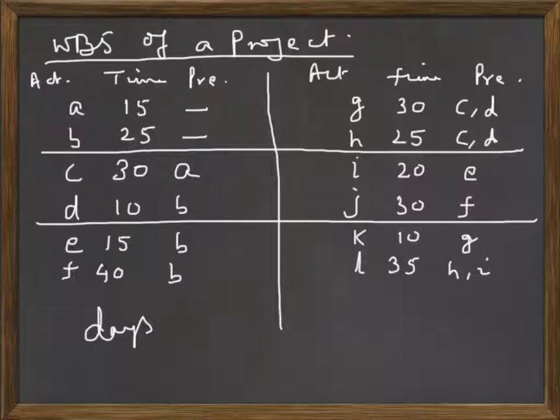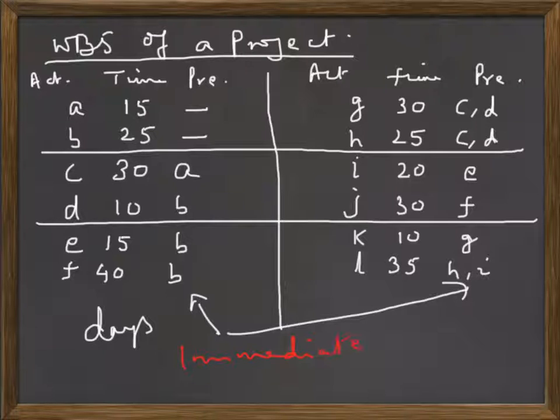So for all these activities the time requirement is given, and the third column talks about the immediate predecessors. Immediate predecessors for any activity are those activities which are required to be completed before the activity starts.